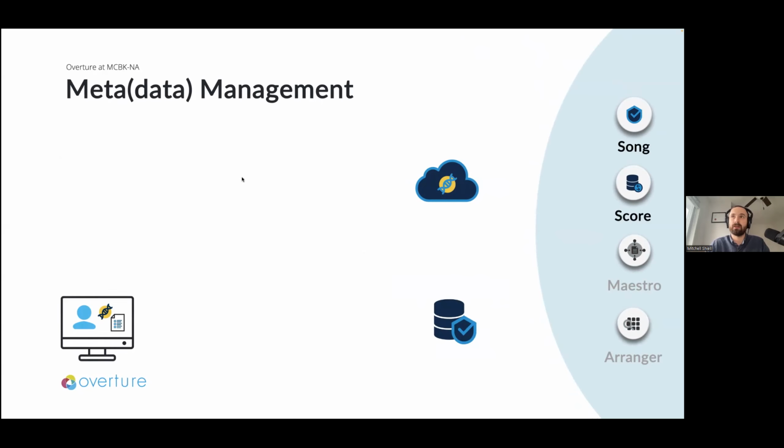I'm going to start by talking about our metadata management services, Song and Score. We essentially have here a data provider on the bottom left corner of the screen who's got data files and a metadata file as well. The first thing we want to do is get metadata into a Postgres database that you can see on the right side, and that's where Song comes into play. In terms of data administration, with Song, you're able to define your own schemas or data models.